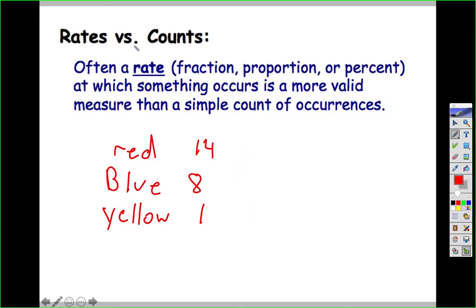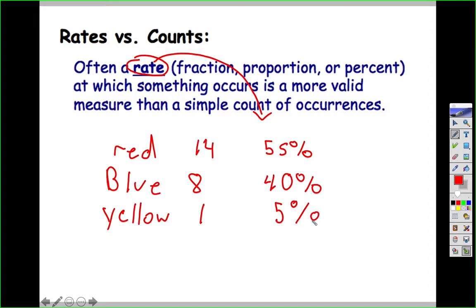But if I wanted it as a rate, you will see it's a lot easier to see that 55%, 40%, 5%.